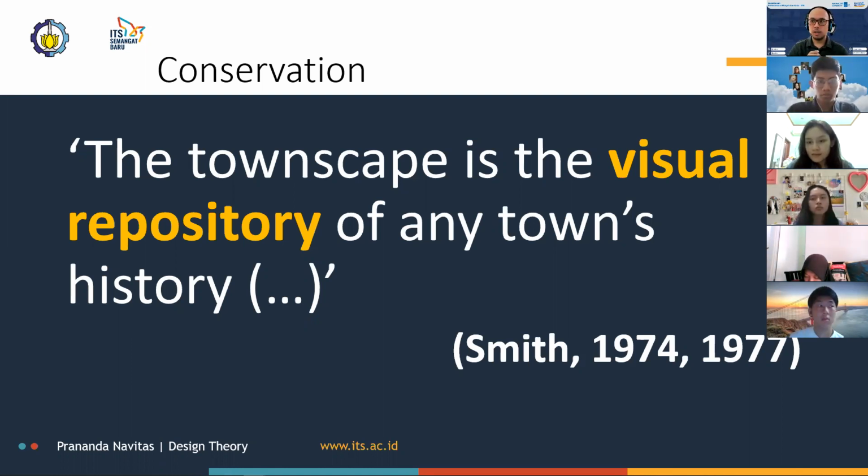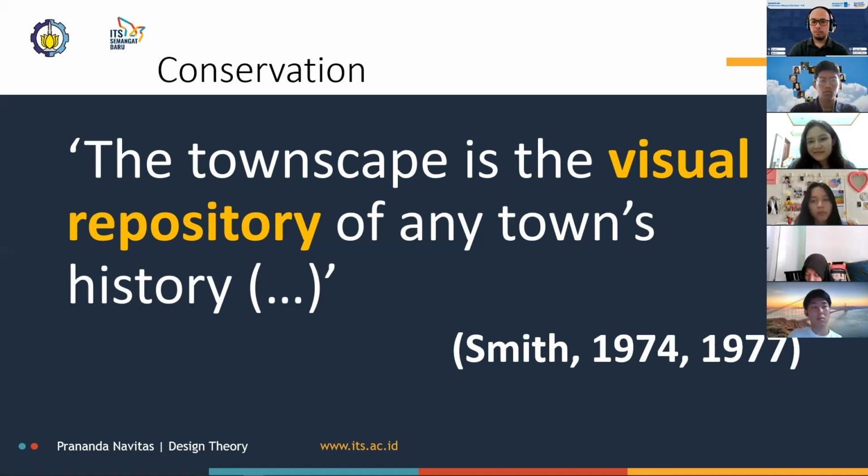And oftentimes, this visual repository is a very physical aspect, and you can't see it through the activities and the activities only.